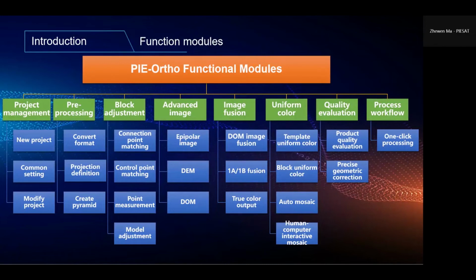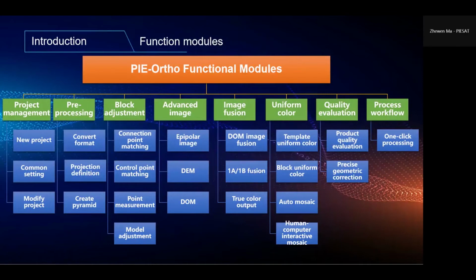In the block adjustment module, it comes with connection point matching, control point matching, and also point measurement and model adjustment. In the next tab, in the advanced image, you can load epipolar, DEM or DOM images.